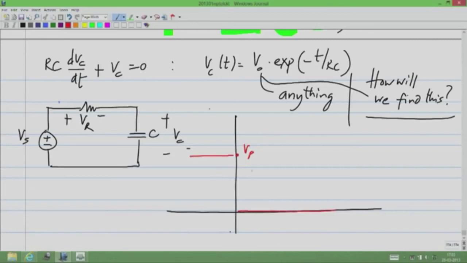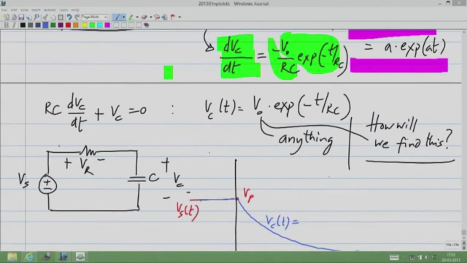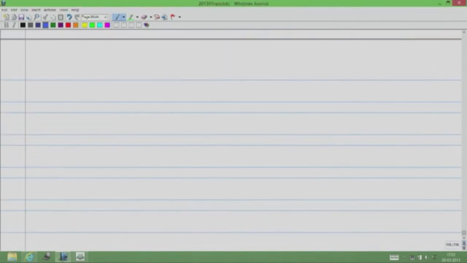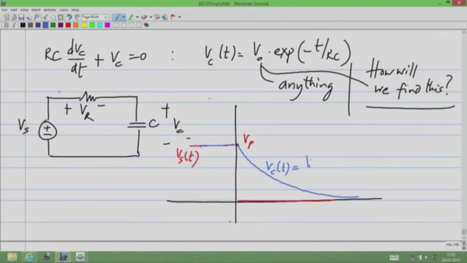So this is Vs of t, and Vc of t, we'll assume initially it was at Vp and it slowly goes to 0 like that, and this is Vc of t, and it equals Vp exponential minus t by Rc.